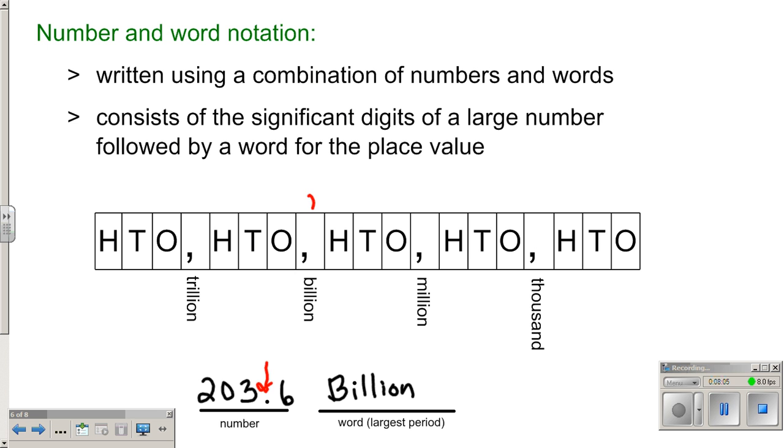So we know our comma will go there. So we would have 203.6, and we fill the rest in with zeros. So when we're translating from number and word notation to standard notation, we want to look for our period notation and any decimals, and these are then our significant digits.